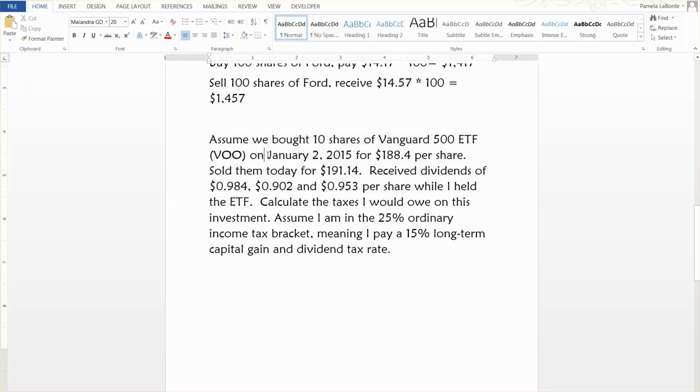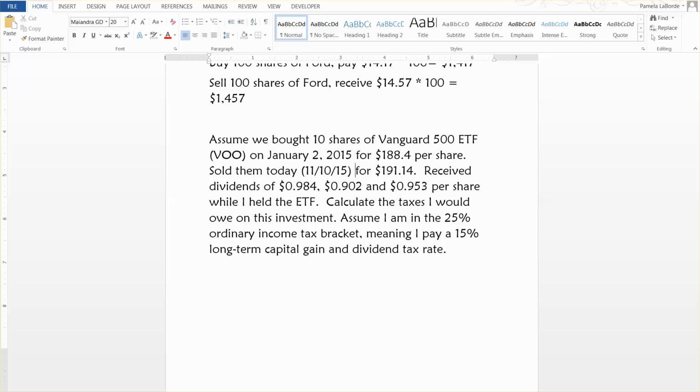Since I bought them on January the 2nd and I sold them today, which is 11/10/2015, that's not an entire year. So the capital gain portion will be short term, which means I'm going to have to pay a 25% tax rate on that.